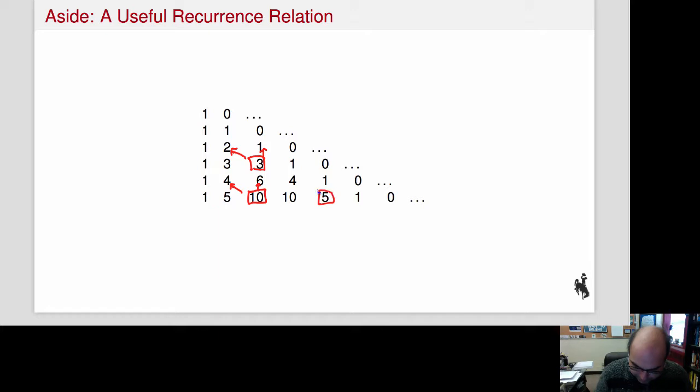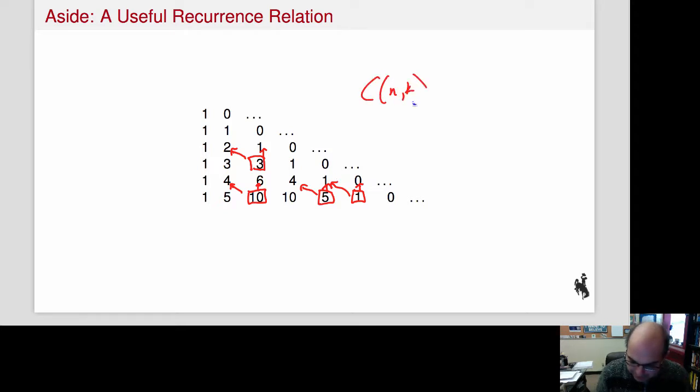How about this 5? I'm adding this 4 and this 1. So every element in this triangle, I can get the value just by going up and diagonally. Notice everything else is 0, and that's important because, for example, how do I get this 1? I go up, I get 0 plus 1, so I get a 1. This is a useful triangle that has that same recurrence relation.